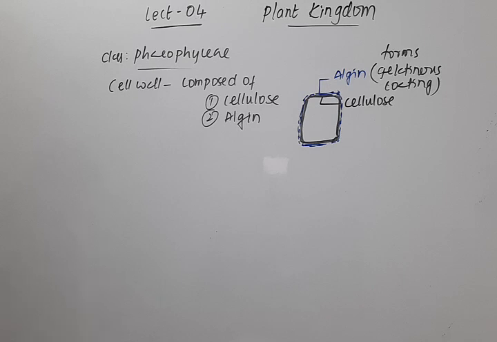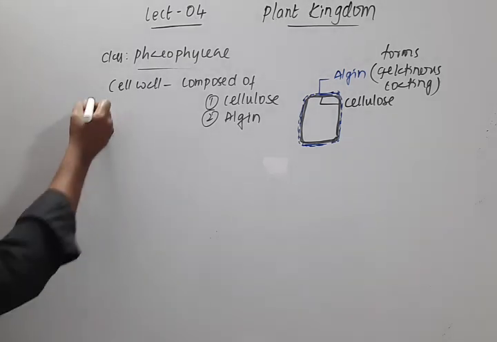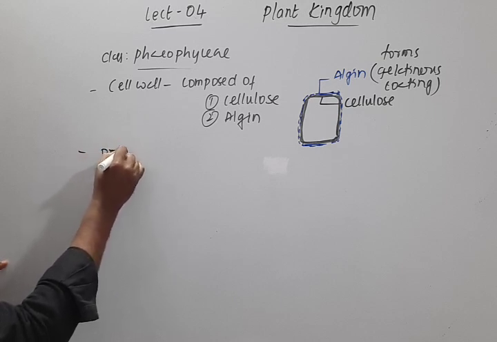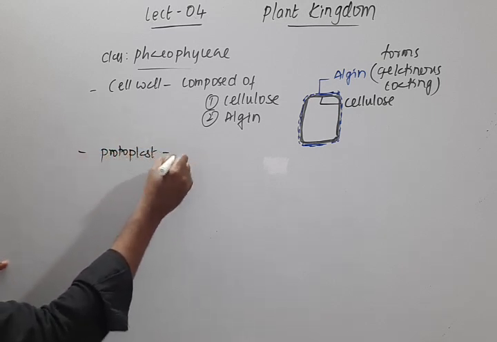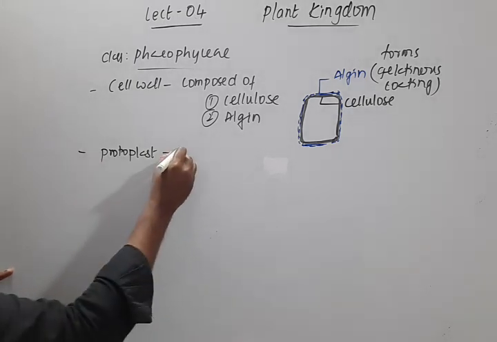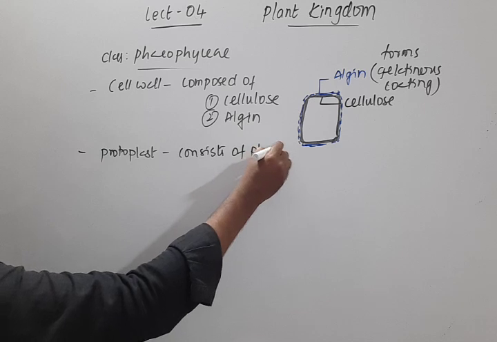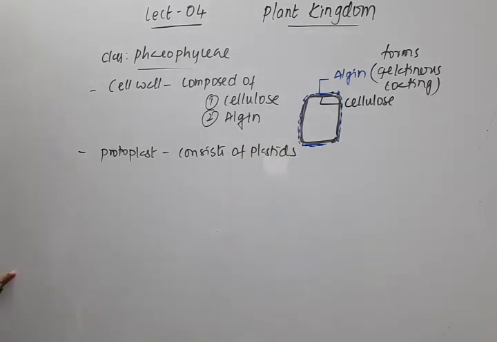Then the cytoplasm, I can say the protoplast, consists of plastids. And then there will be a centrally located vacuole.